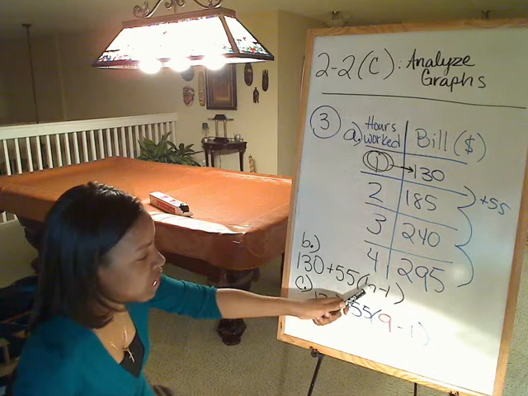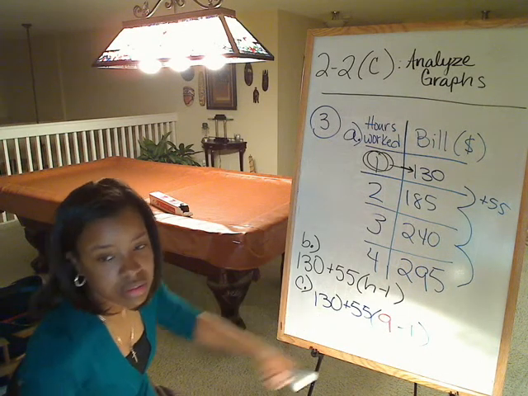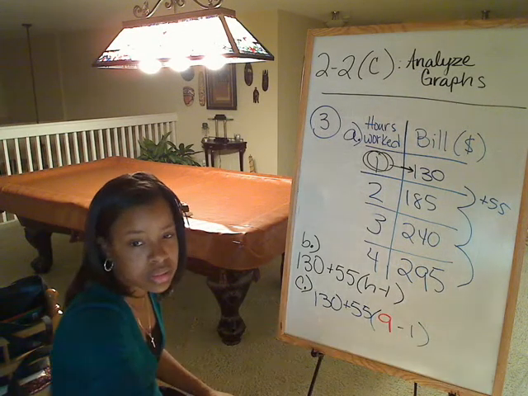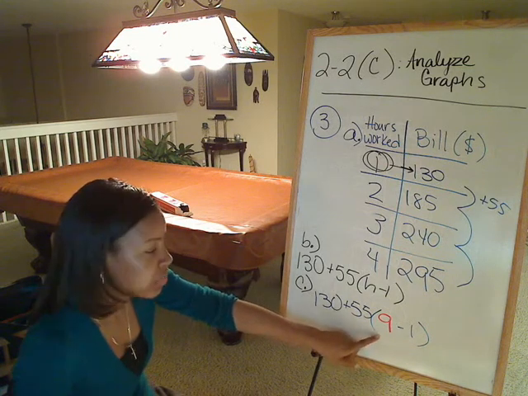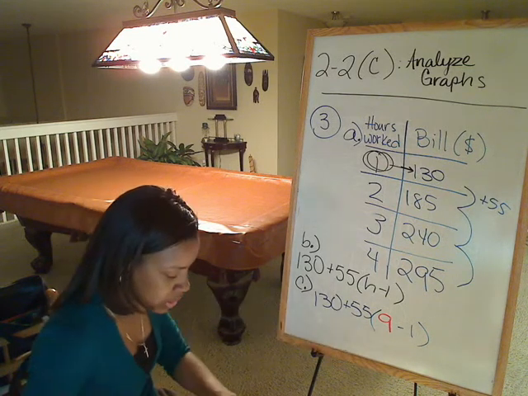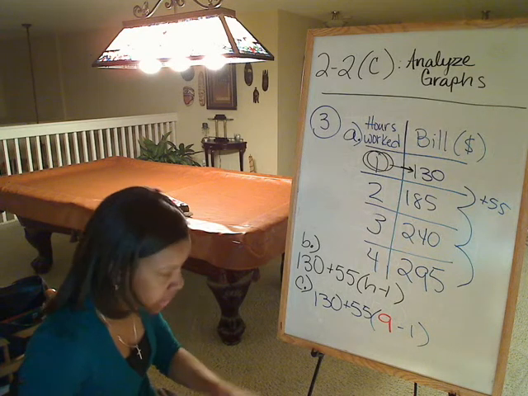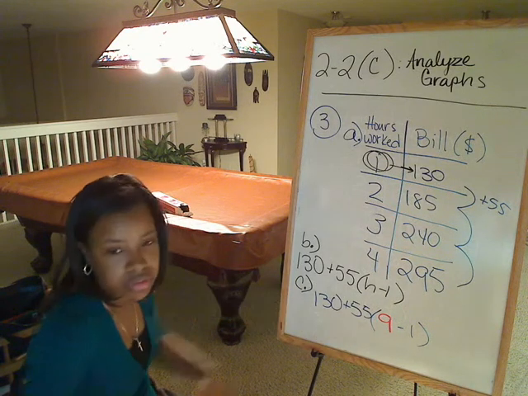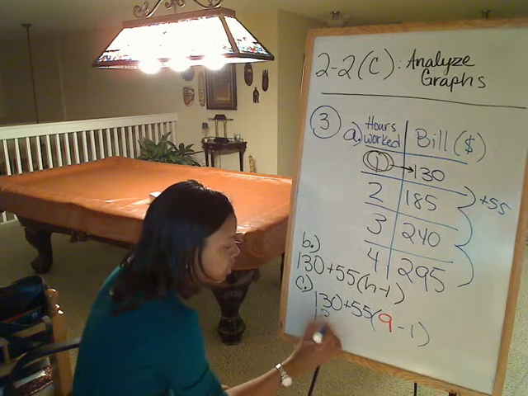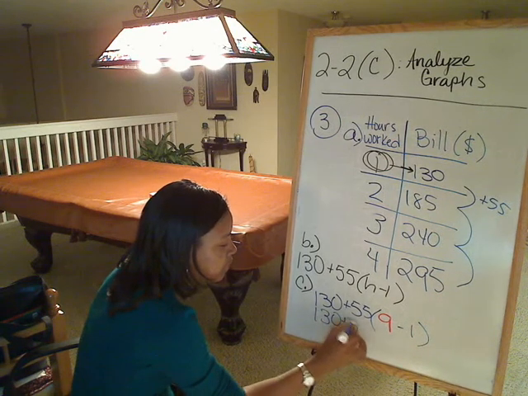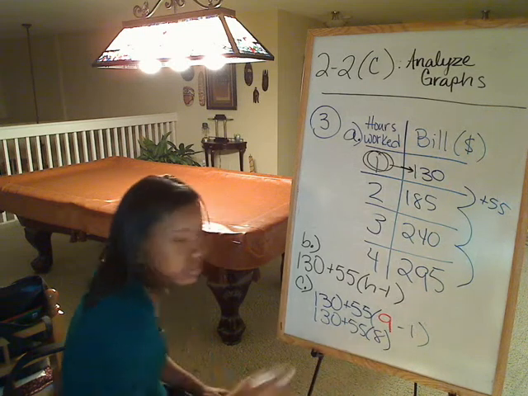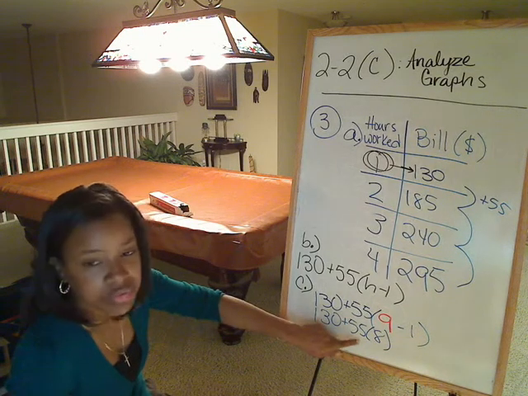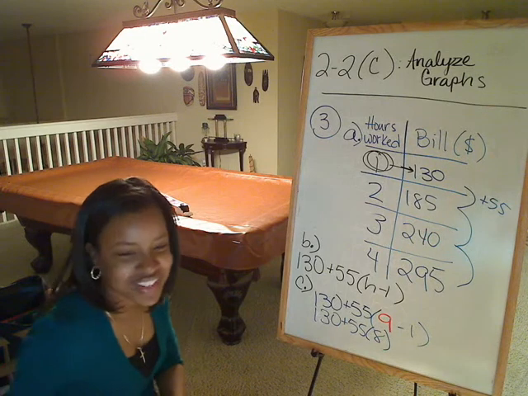So all I did for the H, I plugged in the number 9 because they asked how much would the electrician charge for a job that takes 9 hours. So we get 130 plus 55 times 9 minus 1, which is 8. And then we do 55 times 8.